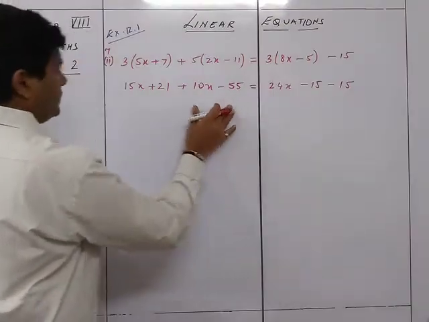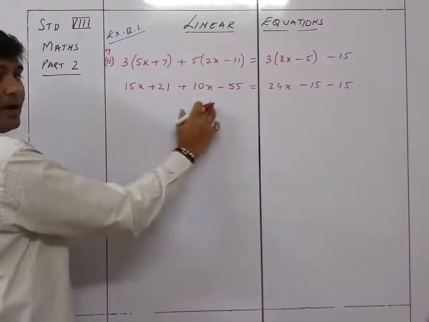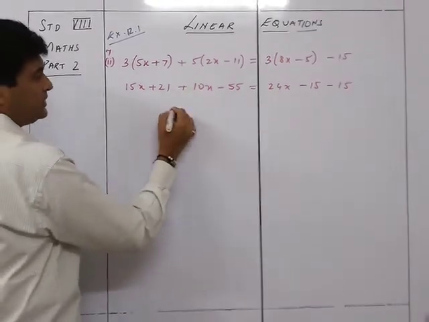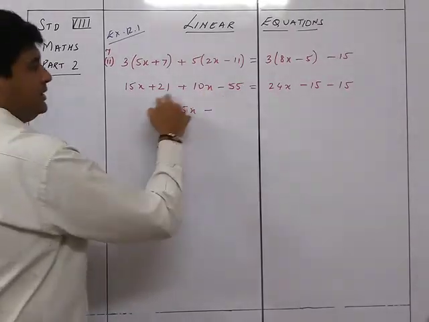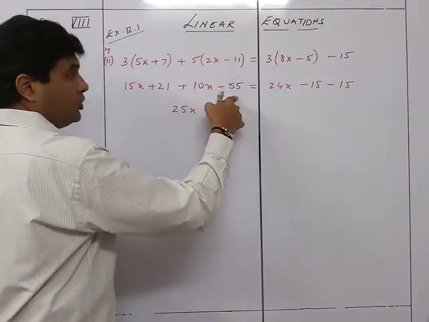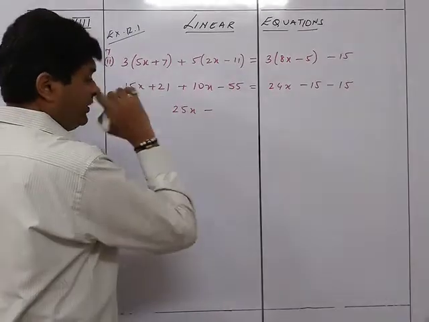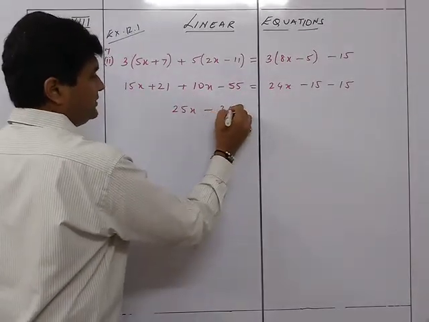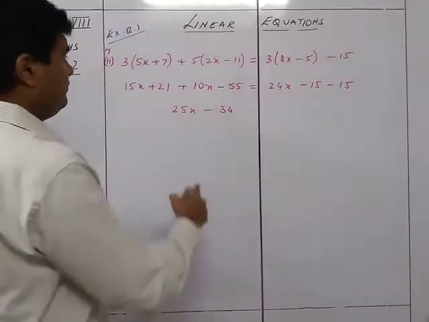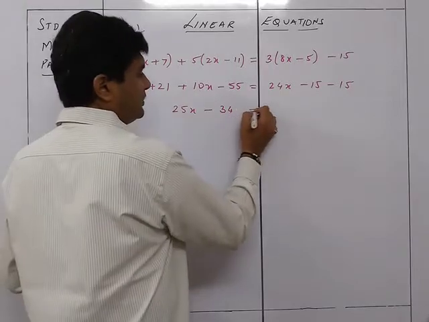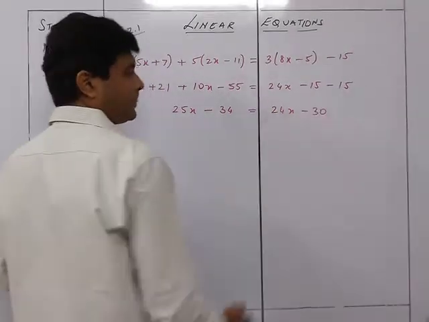Solving this, 15 plus 10, like terms, so adding them up together to make it 25x. Then minus 34 plus 21 is 55. Is equals to, this side will be 24x minus 30.